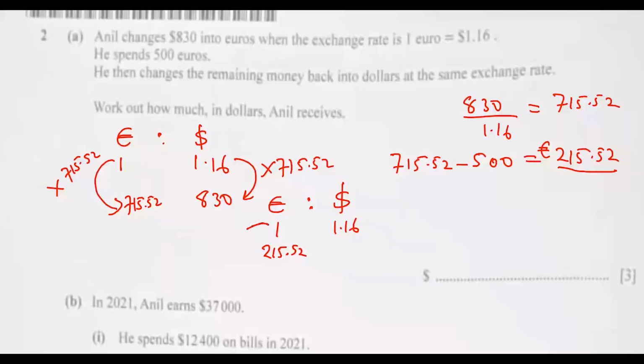When you multiply 1 by 215.52, that gives this. Then we need to do the same thing here, times 215.52. If you do this, this will give you $250. So let's scroll down for the B part.